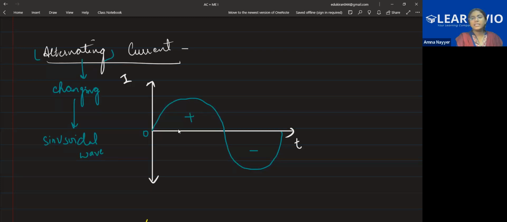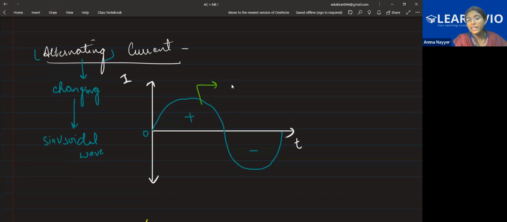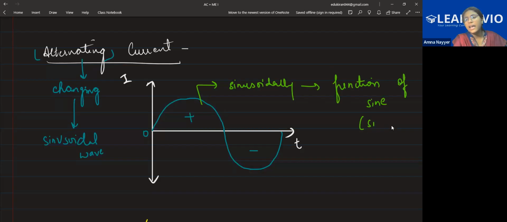This graph that you have obtained is just showing that the current is varying sinusoidally. What is meant by sinusoidally? Sinusoidally means function of sine. Sine theta, sine x, sine omega t, this is how we have been using it.